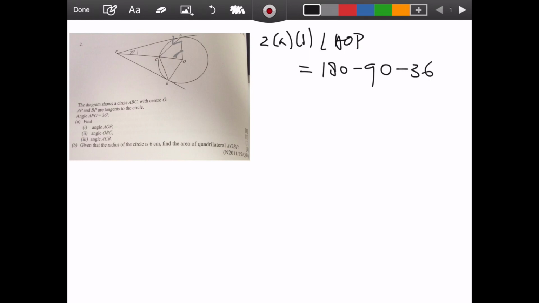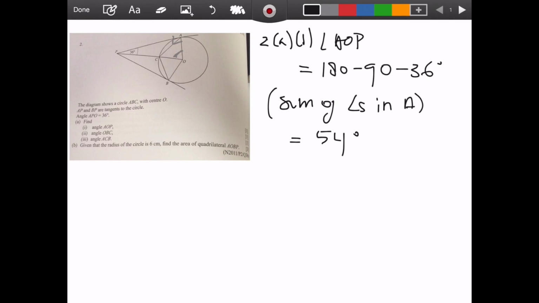So if you want to find out the angle AOP, angle AOP equals 180 minus 90 minus 36 degrees, right? Basically this is just the sum of angles in a triangle, correct? So 90 minus 36 is what? 54 degrees.